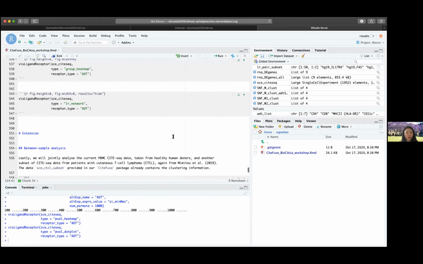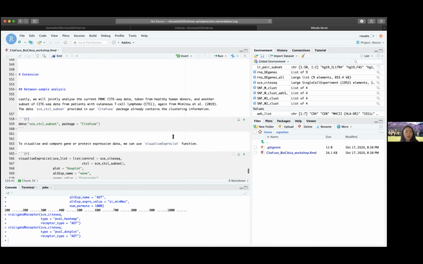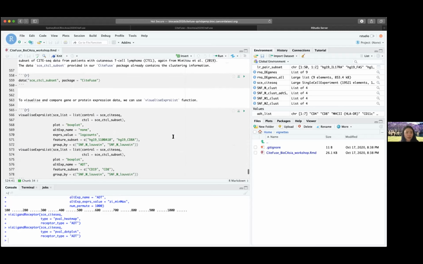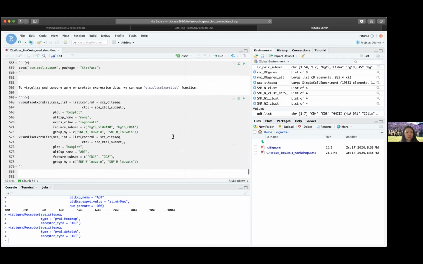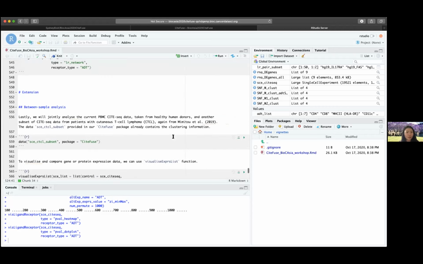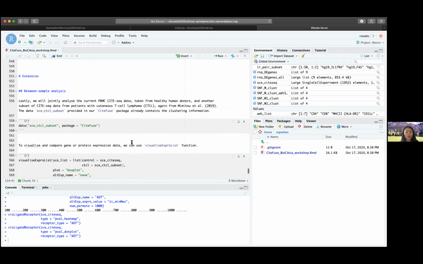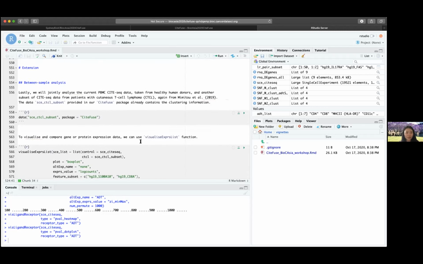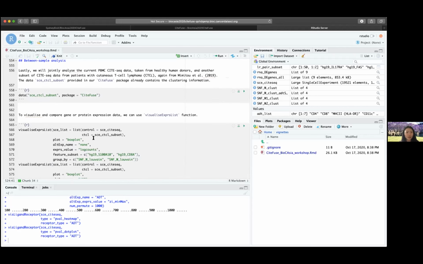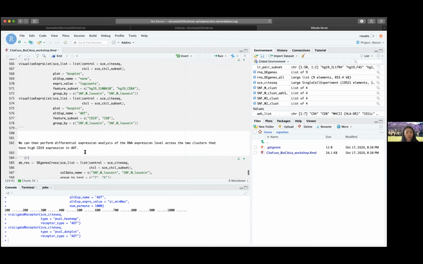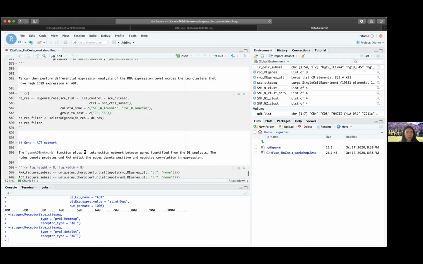We also have other analyses that you can do with CiteFuse. For example, we have between-sample analysis. If you have two conditions in your data, you can use this function to analyze your data.